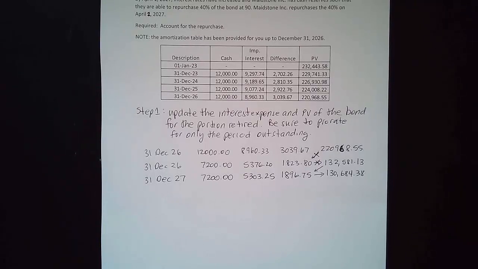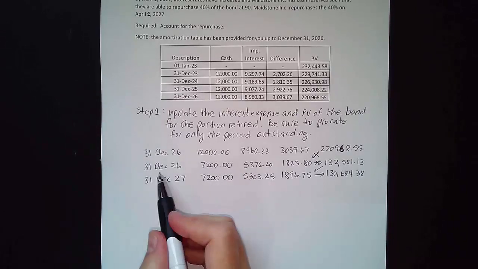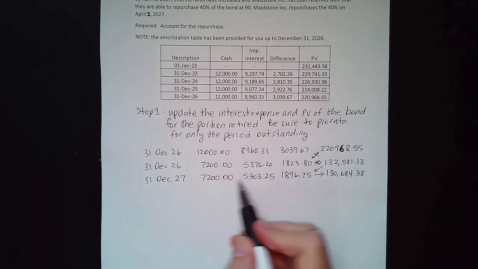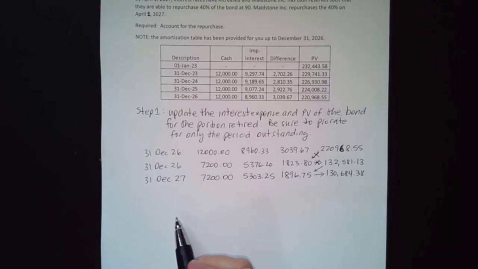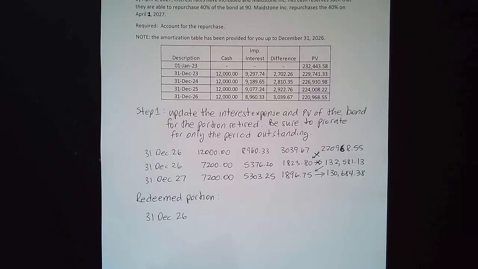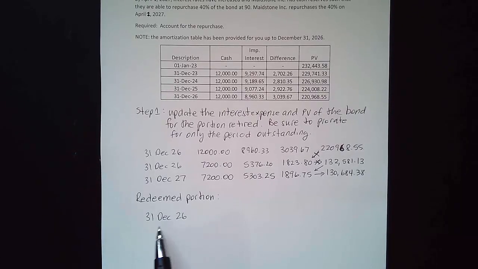But don't forget, we have to deal with the 40% that is being redeemed on April 1st, 2027. So I'm just showing you what's going to happen in December 31st, 2027 when we move forward. Now we're going to deal with the 40% that is being redeemed. I'm going to do the line from the amortization schedule, but I'm only going to recognize the portion that will be redeemed.